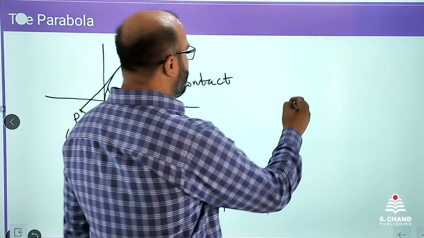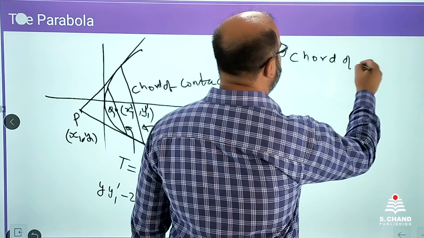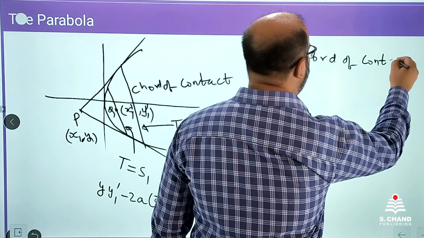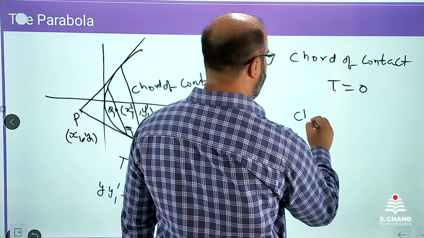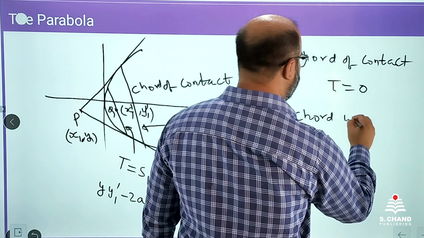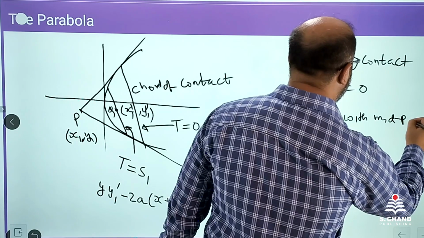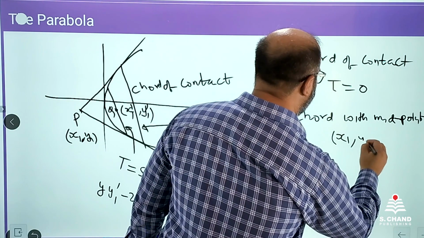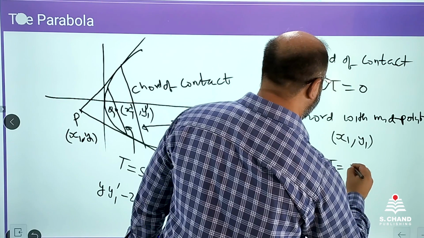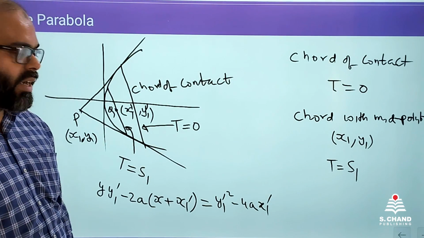So we have two results. One is the chord of contact, and that is T = 0. Another is the chord with midpoint (x1, y1). If you take a chord with midpoint (x1, y1), then that equation will be T = S1. So these are two very important equations.